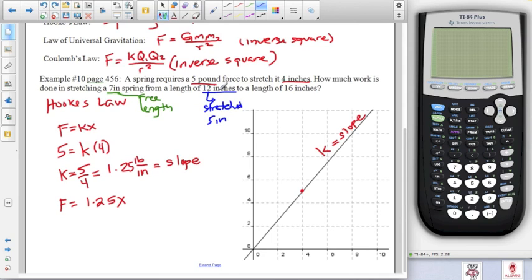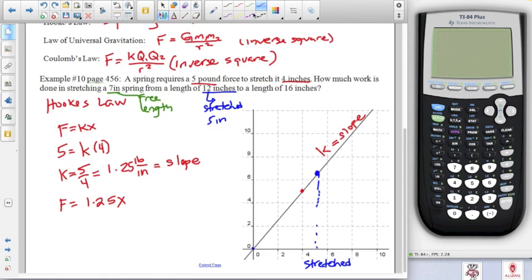And so this is that point on the graph. Because remember, this is not the length of the spring here, this is the stretch. It is how much it has been stretched from its free length. Okay, if it hasn't been stretched at all, then it has no force on it. If it's been stretched 4 inches, it's got 5 pounds of force on it. So we are starting here, okay, with a stretch of 5 inches.